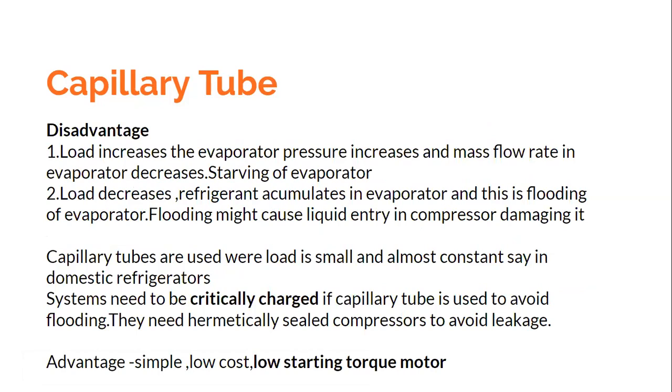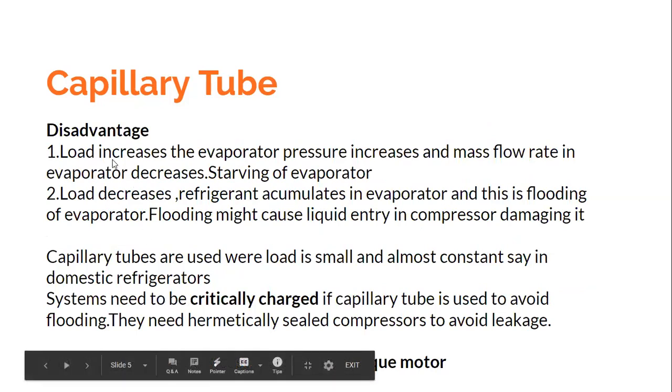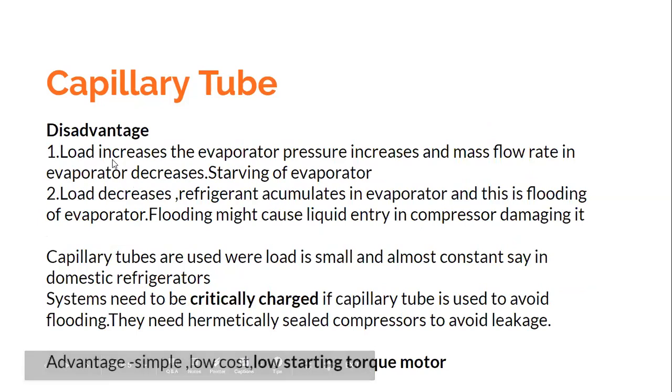To understand that, let us assume that on the refrigeration system or air conditioning system, the load increases. Load increases means the cooling effort required increases. So when the load increases, the refrigerant would boil more, more boiling as compared to what is required by the compressor.